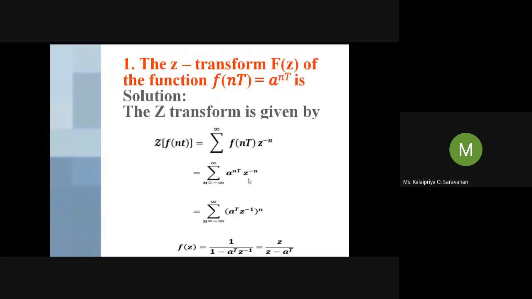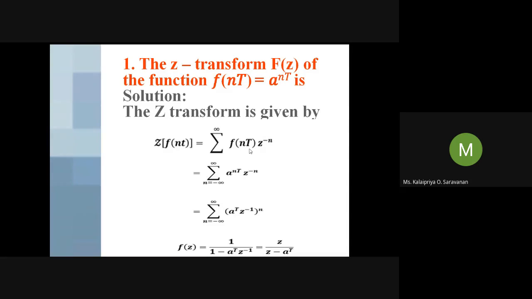You can call it X(z) or F(z), however it is. Here we have f of nT z power minus n. So basically we substitute the given expression and get an answer.